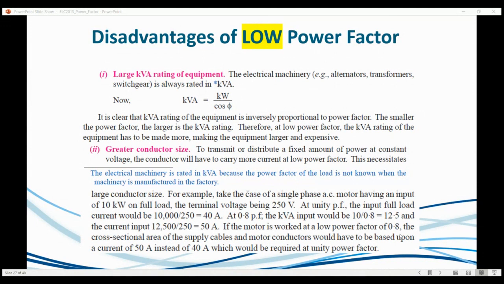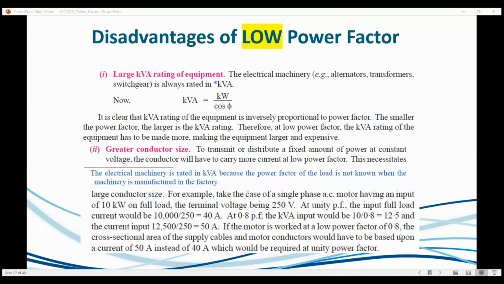They're explaining an example. Assume you've got a single phase AC motor having an input of 10 kilowatts on full load and a terminal voltage of 250. At a unity power factor, you divide the two and you get 40 amps. If your power factor is 0.8, the wattage now becomes 12.5 kVA.